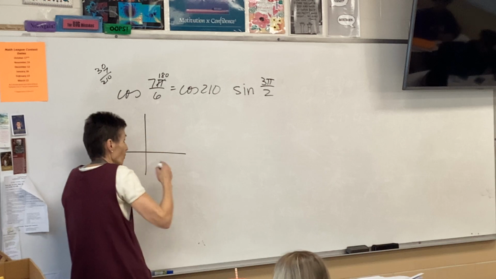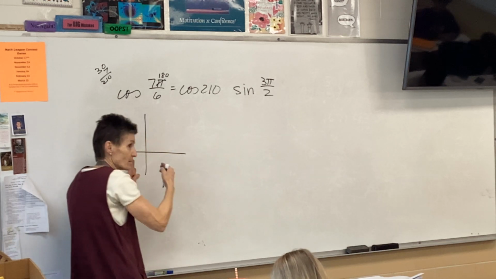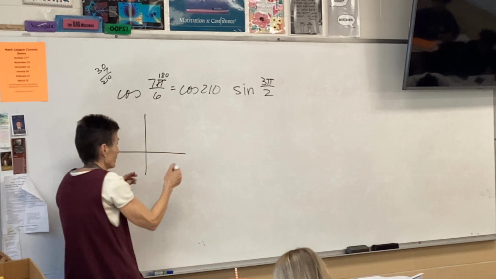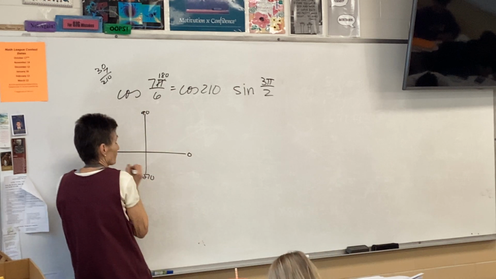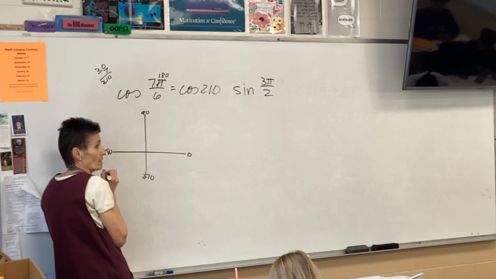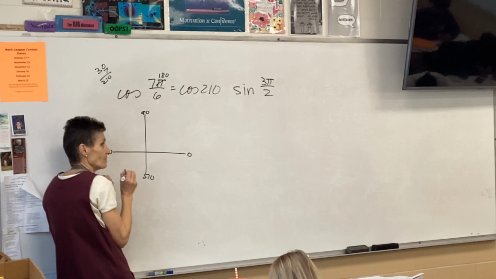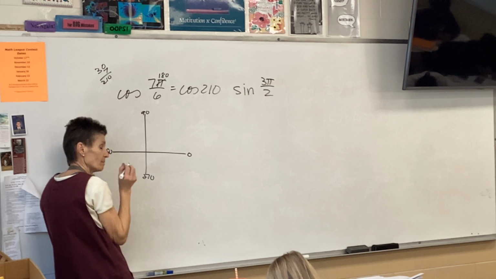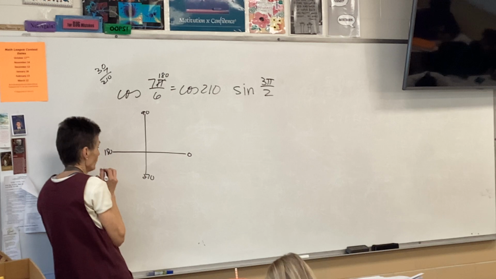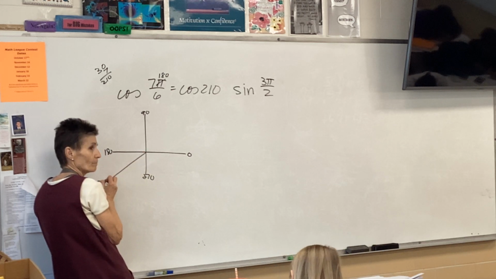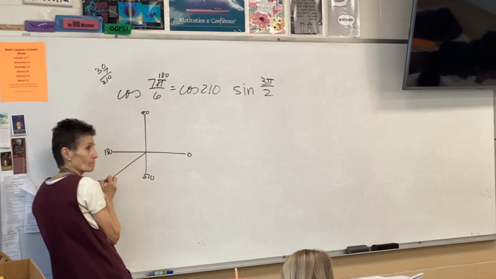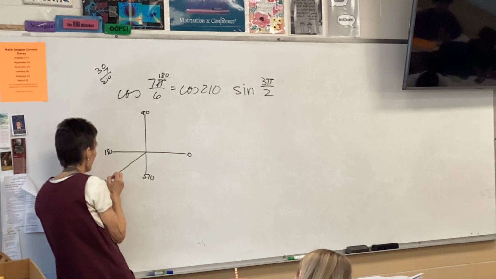Now, I know what we just did. This is math. This is not navigation. So my labels look like this. I know that's confusing, and I'm sorry about it. Gotta do this. Okay, so where's 210? Isn't 210 right here? Oh, yeah. So I make a triangle.